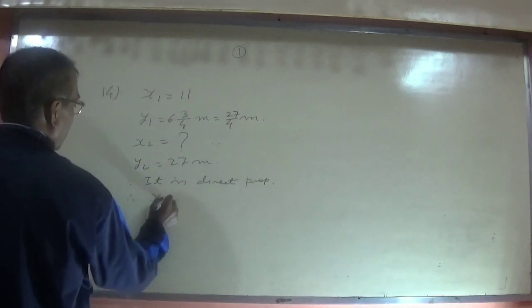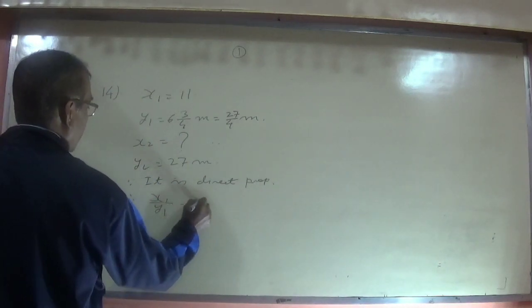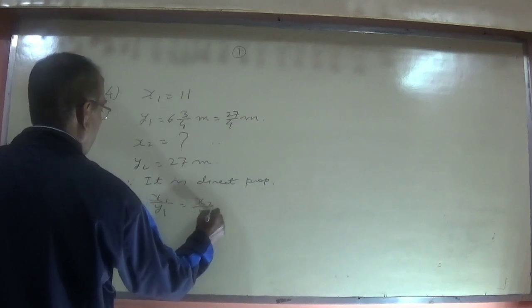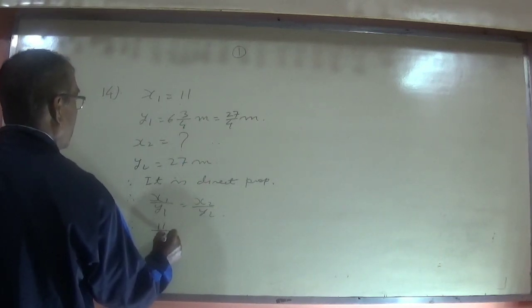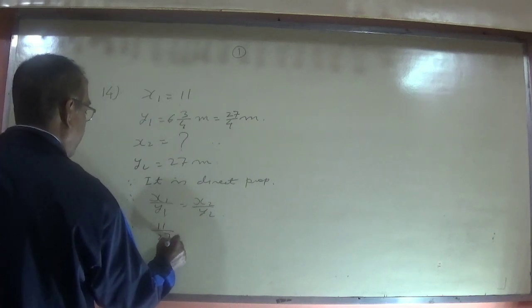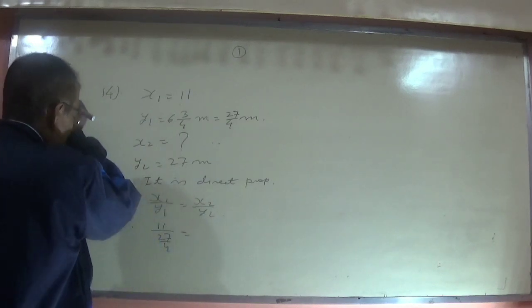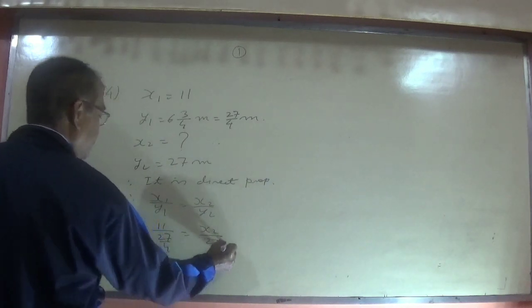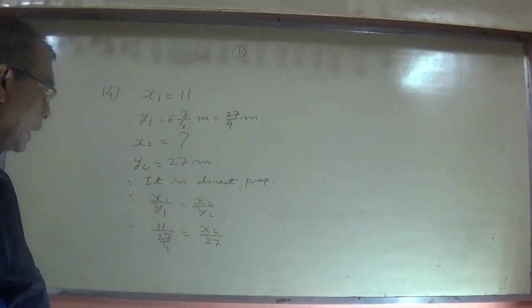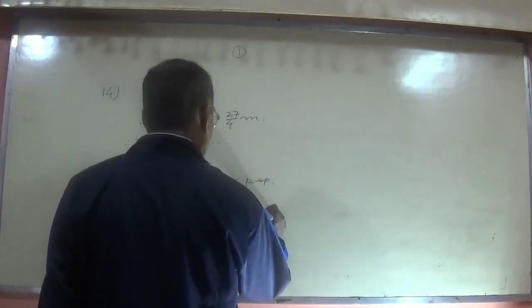As I have told you, this is direct proportion, so therefore x1 by y1 is equal to x2 by y2. So x1 is 11 by y1 is 27 by 4 will be equal to x2, which you do not know, by 27. Now take the cross multiplication and the answer will come out.